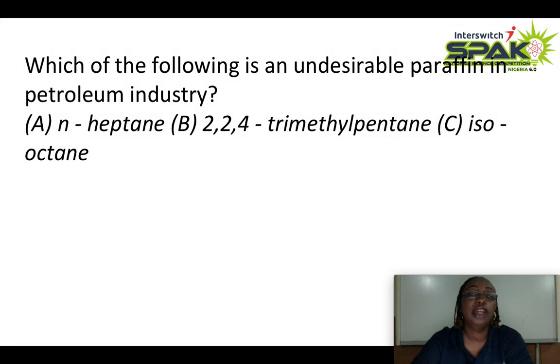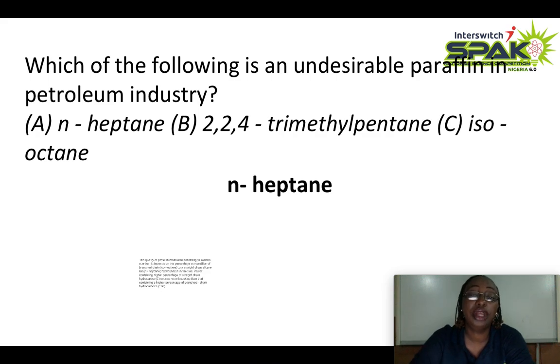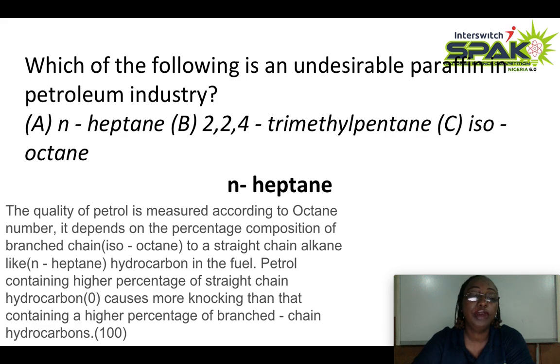Which of the following is an undesirable paraffin in the petrol industry? Undesirable means that is not wanted, we don't want it. The answer is, did you get it? N-heptane. That's the answer. 2,2,4-trimethylpentane is actually a desirable one, because the quality of petrol is measured according to octane number, and it depends on the average composition of branch chains to straight chain alkanes like normal heptane in the fuel.